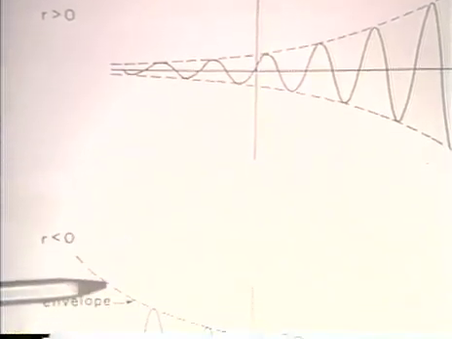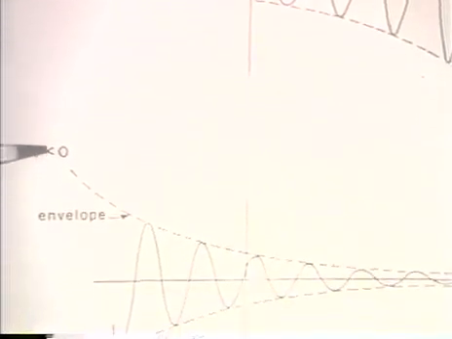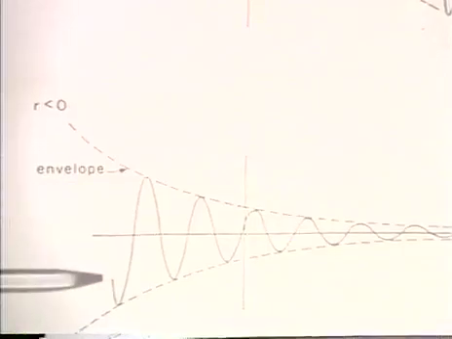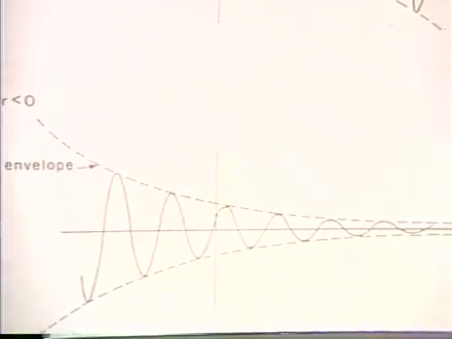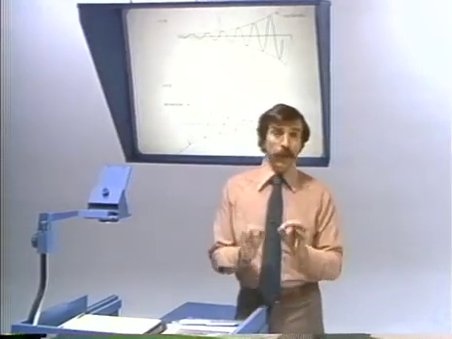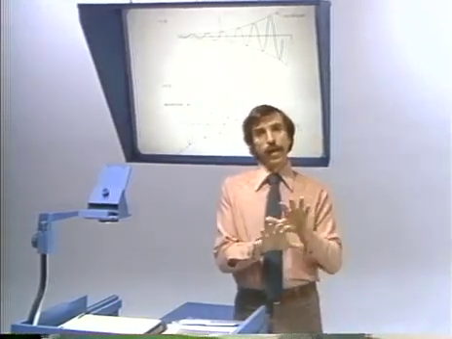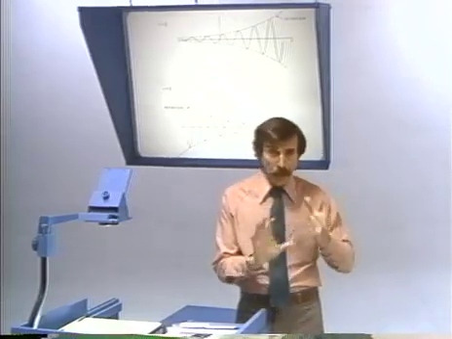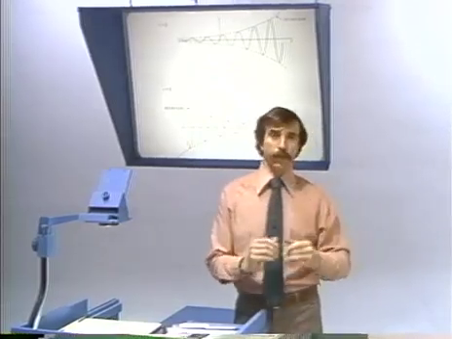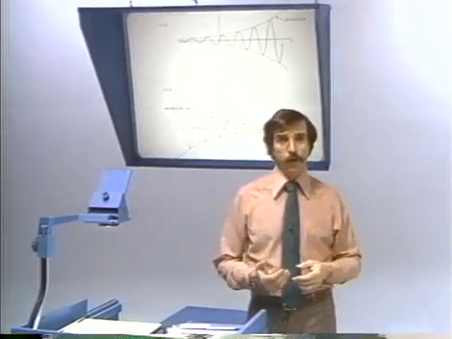And on the bottom, I've indicated the same thing with r less than 0. And this kind of sinusoidal signal, by the way, is typically referred to as a damped sinusoid. So with r negative, what we have in the real and imaginary parts are damped sinusoids, and the sinusoidal components of that are 90 degrees out of phase in the real part and in the imaginary part.